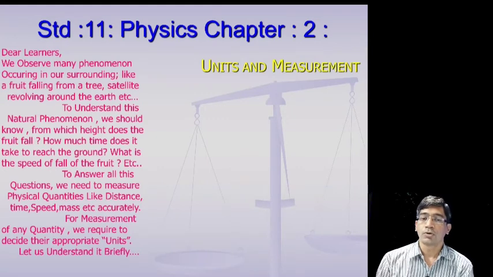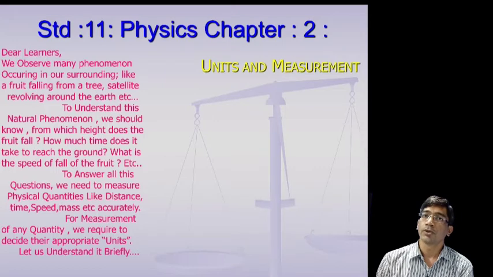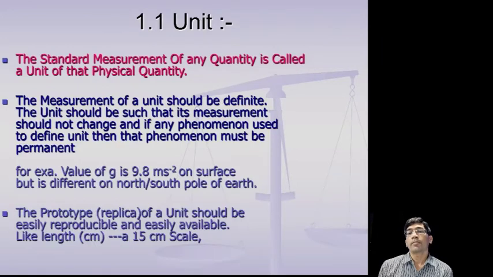accurately. So, for measurement of any quantity, we need to decide their appropriate units. Let us understand it briefly. The standard measurement of any quantity is called the unit of that physical quantity. So what is a unit? It is the standard measurement of any quantity.